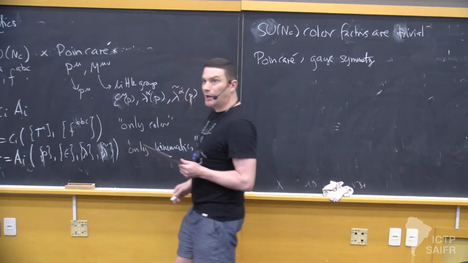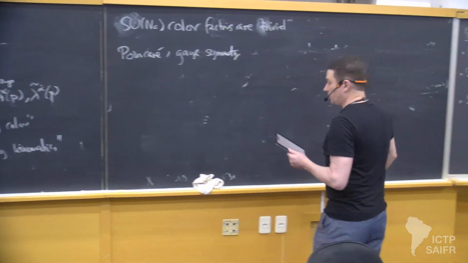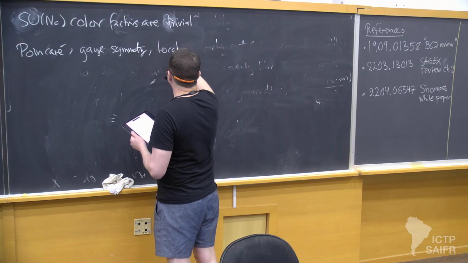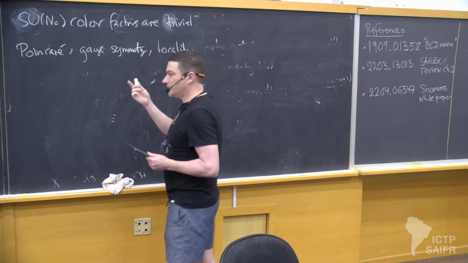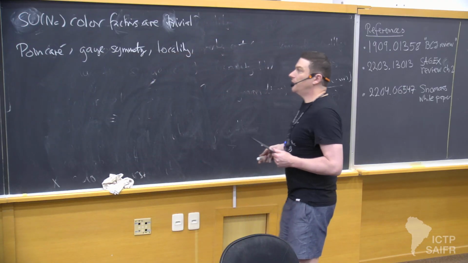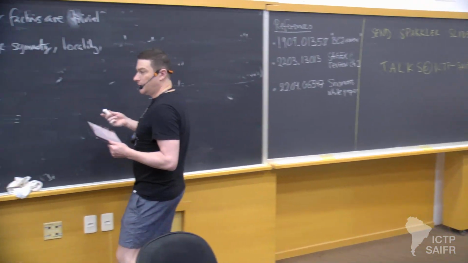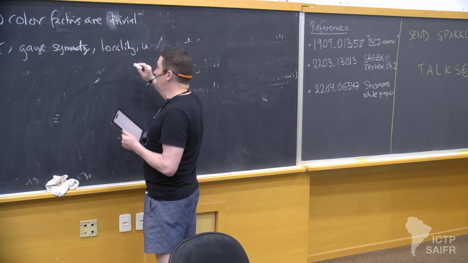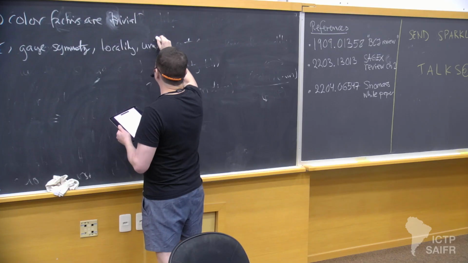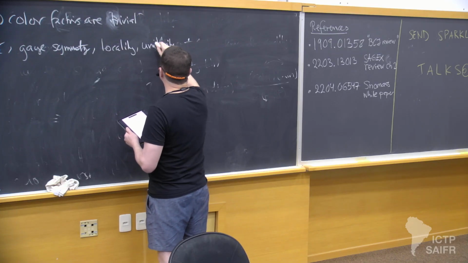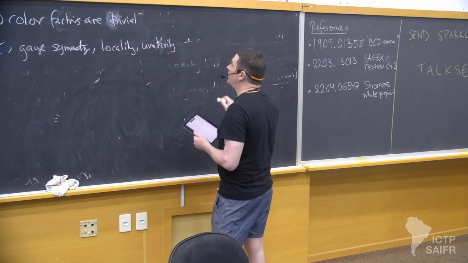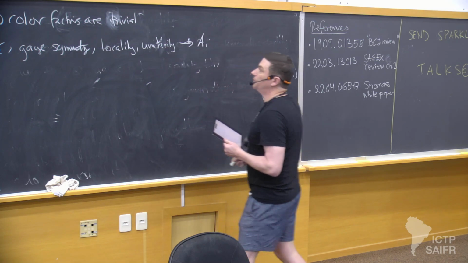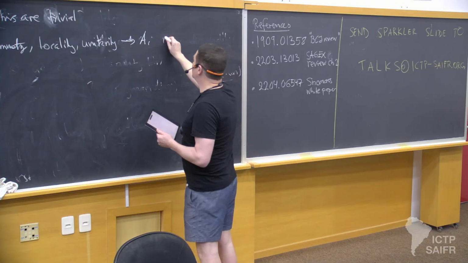You don't actually touch the color when you do linearized gauge symmetry. You need to worry about locality. Locality is essentially where are your poles located? Are they just standard Feynman propagators and so on? Then you need to worry about the residues, which has to do with unitarity. And some of these words you've already seen, but all of those ingredients go into constructing your partial amplitude, and that's non-trivial.